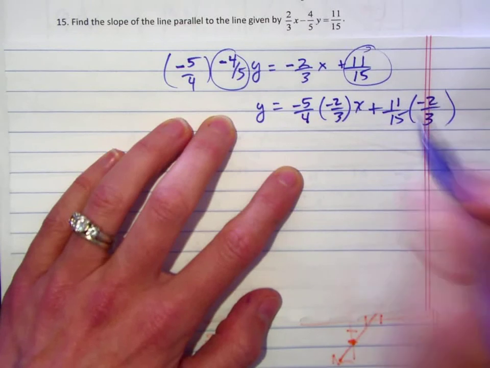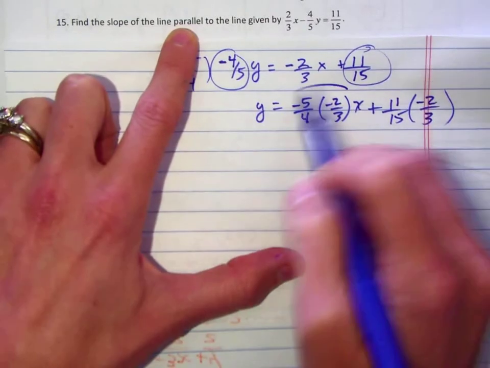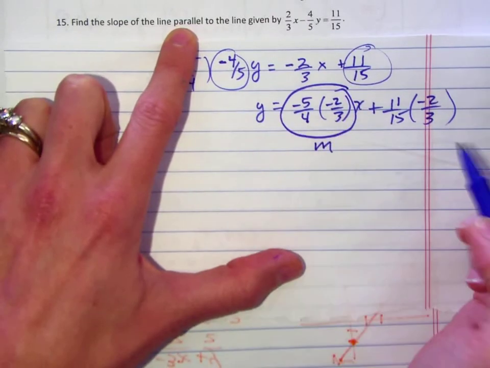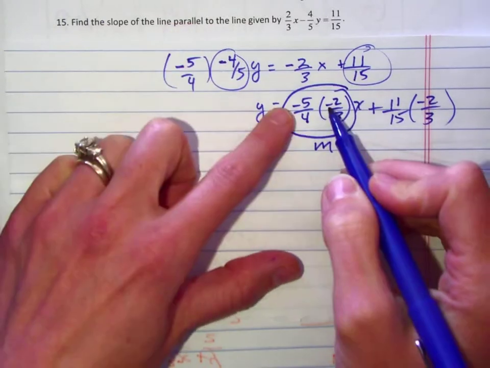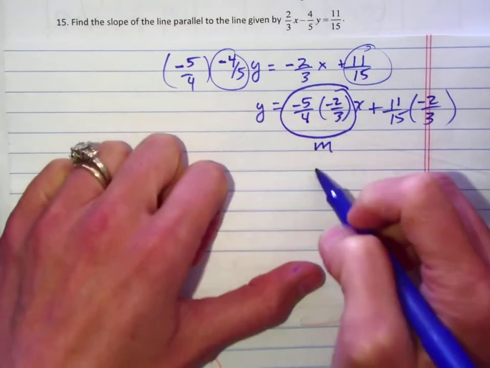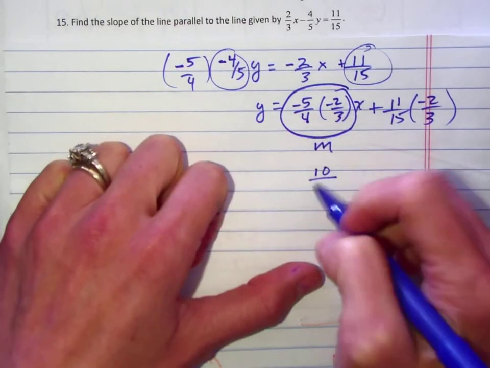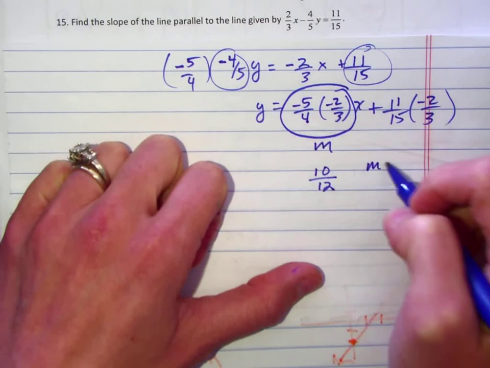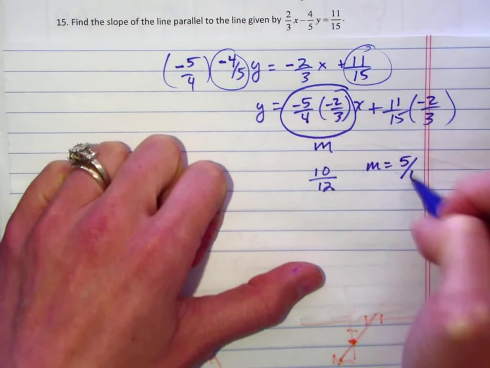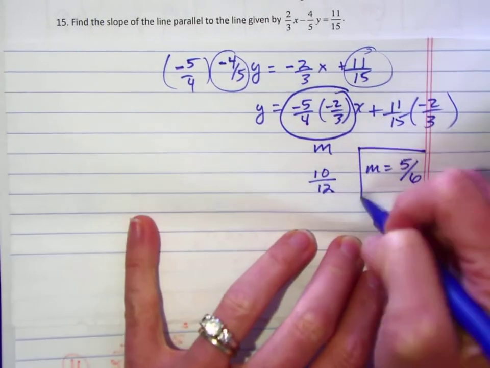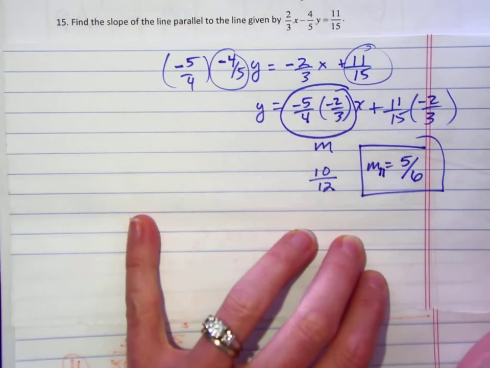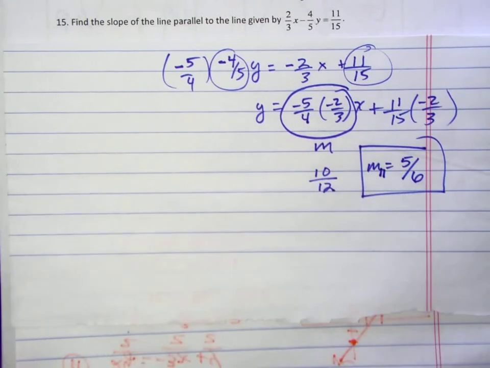However, we're only looking for the slope of the line parallel, so I just need to calculate this. This is my slope. Okay, so the negatives will cancel. 5 times 2 is 10. 4 times 3 is 12, so the slope is just going to be 5/6. All right, so this is going to be the parallel slope for number 15.